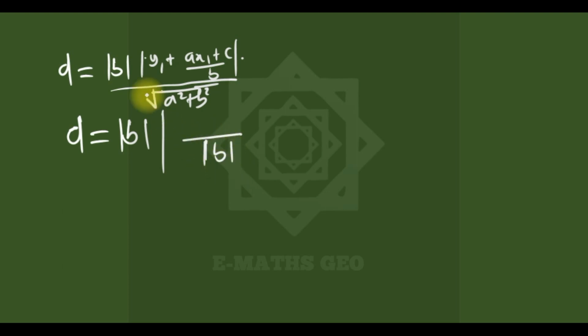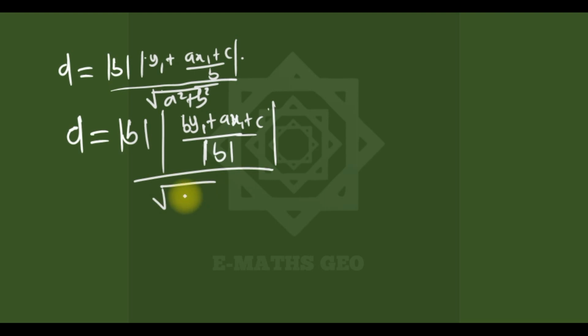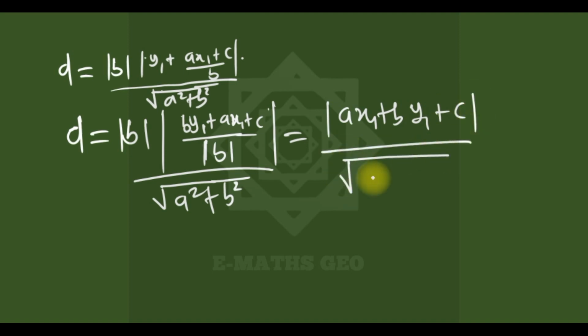So this over 1 LCM, so it's now by1 plus ax1 plus c over the square root of a squared plus b squared, which is, if you multiply this, you now get absolute ax1 plus by1 plus c over the square root of a squared plus b squared. So this is now the formula.